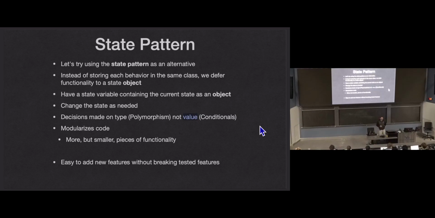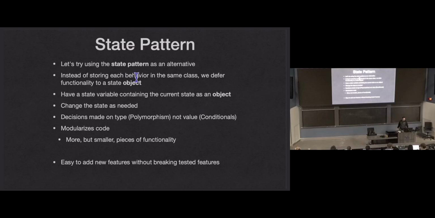We're checking based on the value stored in a variable. Instead, we want to change behavior based on the type stored in a variable. This is the big change that we're going to do, and that's the core of the state pattern right here: we're changing behavior based on type, not value.